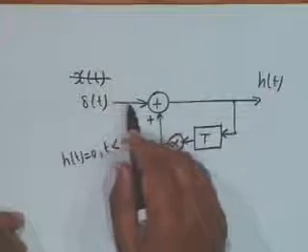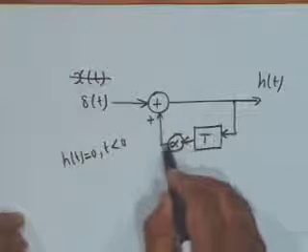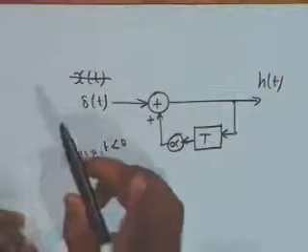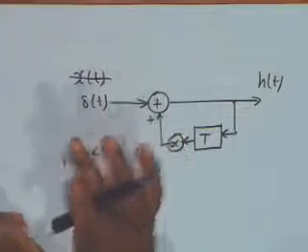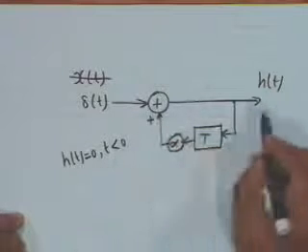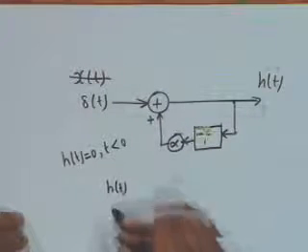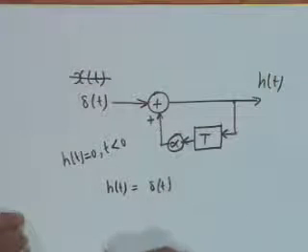There is nothing to stop delta t from going to the output. As far as this path is concerned, it is not actuated before a time interval of capital T has passed, because there is a delay here. Therefore instantaneously h of t at t equal to 0 should be simply equal to delta t.